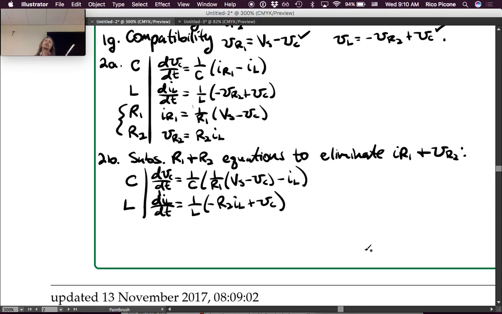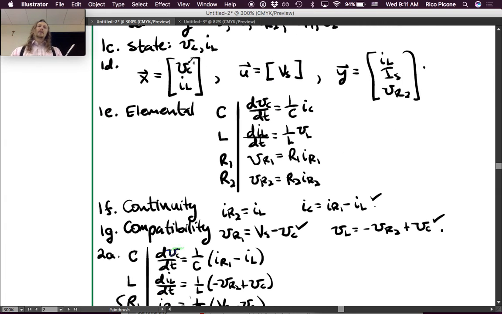Now, I am going to rewrite this in a way that allows us to do the next step easily. So we're going to end up writing this in a sort of standard state equation form next. So I need to know the coefficient of each of these variables. So I'm actually going to distribute these quantities through and rewrite it in a way that looks a little bit uglier, but it's going to help us do the next step easily. So VC is actually the first state variable in the state vector, so I'm going to list it first.